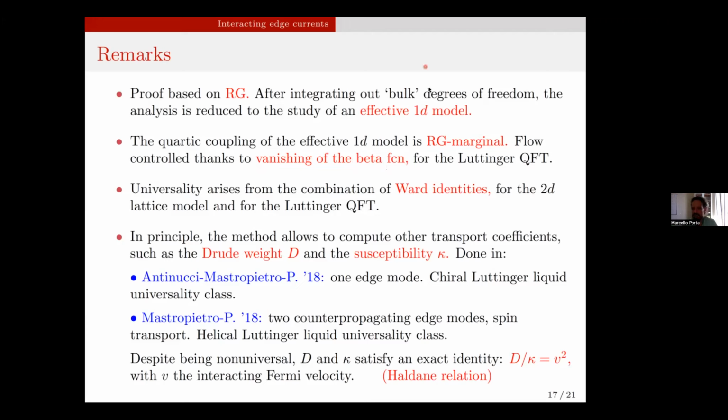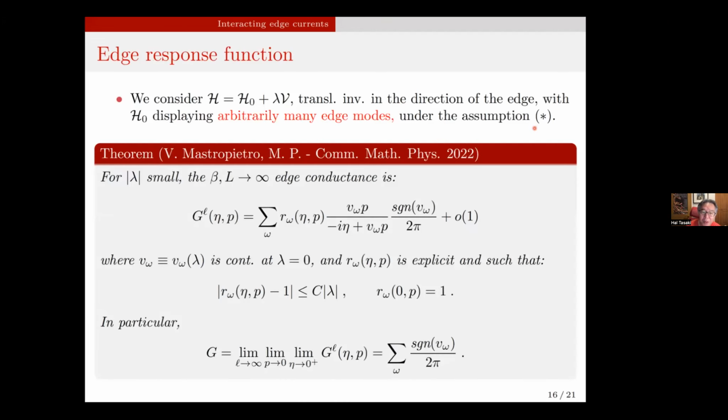Yes, I don't see the chat, sorry. Yeah, the order of the limits on slide 16 matters. So yes, if I first take p to 0 and then eta to 0, I get 0. But you can see it here. In fact, if you keep eta fixed and send p to 0, this goes to 0.